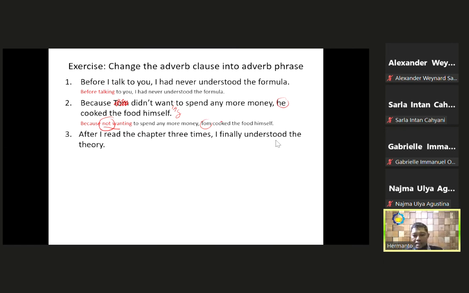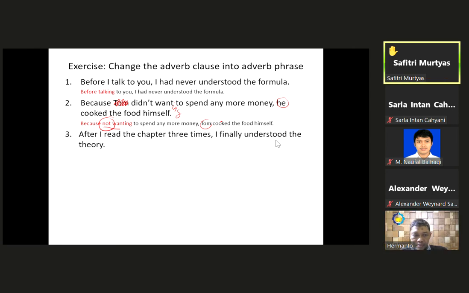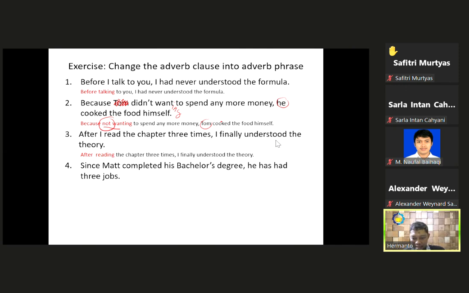Next, number 3, anyone? Yes, Afitri. After reading the chapter 3 times, I finally understood the story. Okay, after reading the chapter 3 times, I finally understood. Next.